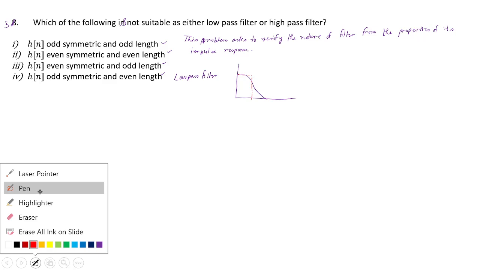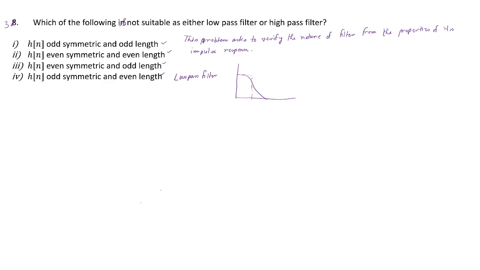This is where your pass band ends, and this is where your stop band begins beyond a certain level, and in between you always have the transition band. We'll consider this in some later problem. Let us focus on this part.